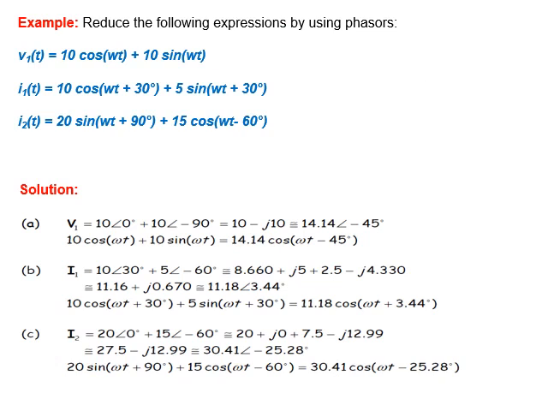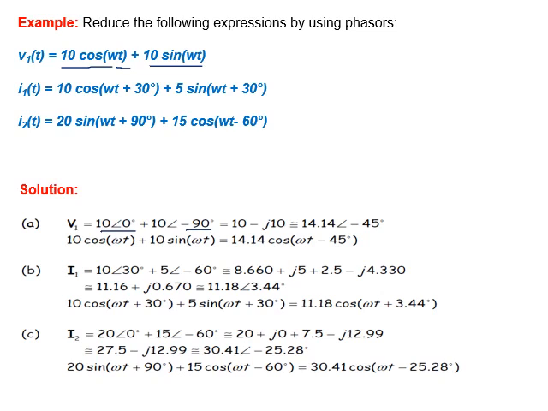Now, reduce the following expression, this example, by using phasor. Have a look. This one, V1, has two parts, cosine and sine. For cosine, it's easy. 10, as you can see, with angle 0, because there is no phase shift here with omega t. But for this one, sine, it needs to convert into cosine. So we will add minus 90. It will be 10 with minus 90.